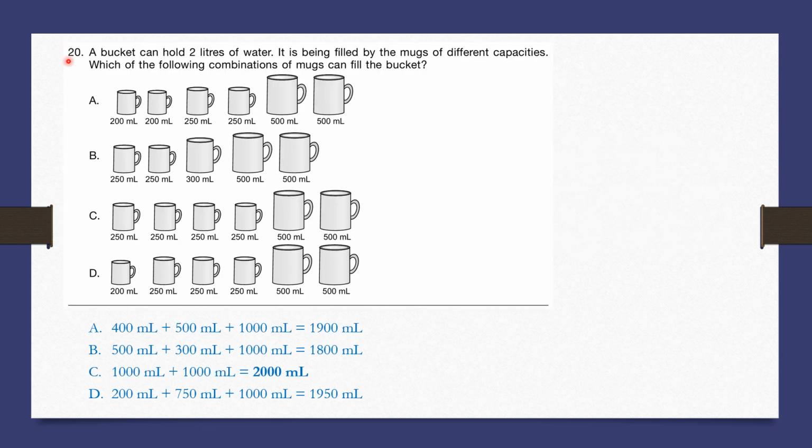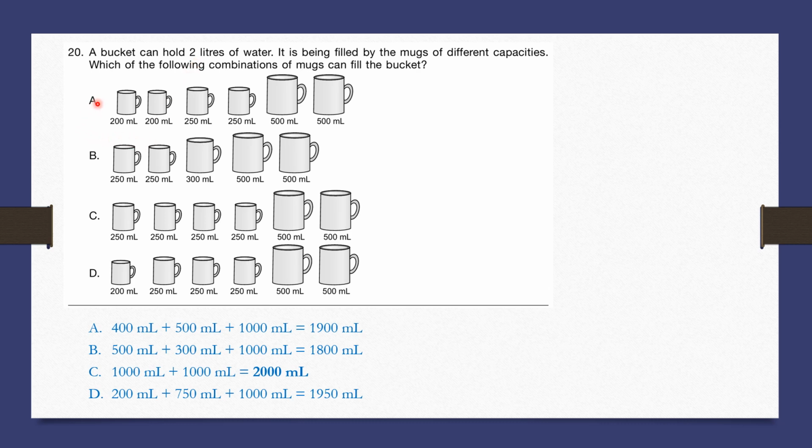Question number 20. A bucket can hold 2 liters of water. It is being filled by mugs of different capacities. Which of the following combinations of mugs can fill the bucket? So we have to calculate the quantity given in options A, B, C, D. Whichever is equal to 2 liters will be our answer.